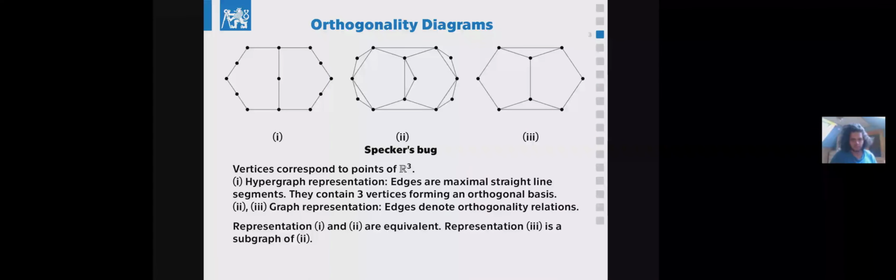I will be using some graphs to capture the vectors, so let me comment on this. This is the Specker bug, and you are probably familiar with the rightmost diagram. The vertices in all these diagrams correspond to points of R3, and the edges denote orthogonality relations.